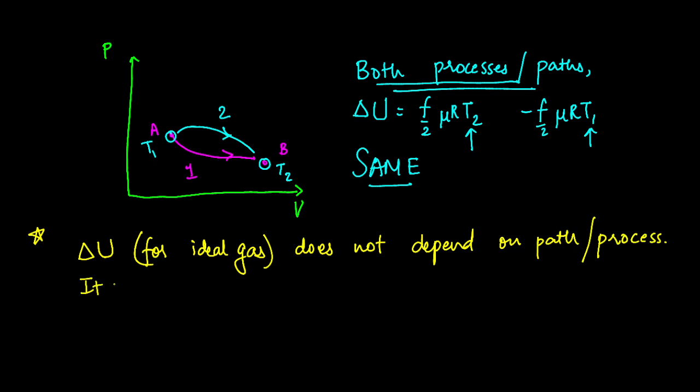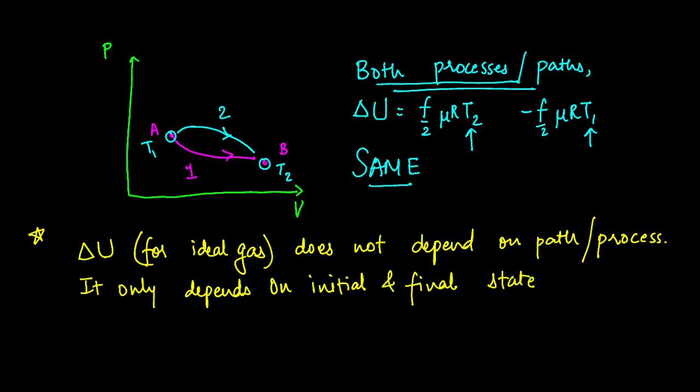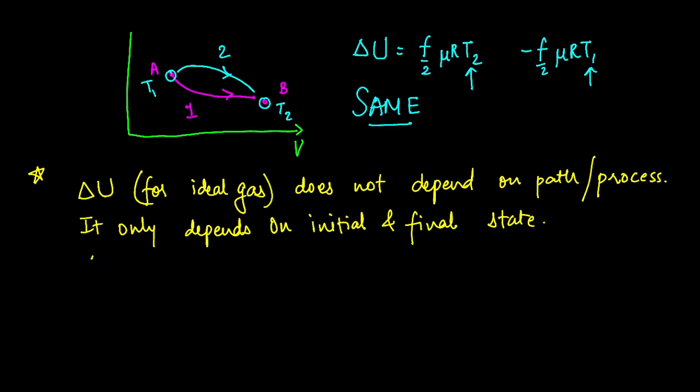It only depends on initial and final state. Hence delta U is called a state function, delta U is an extensive property, it's not an intensive property.